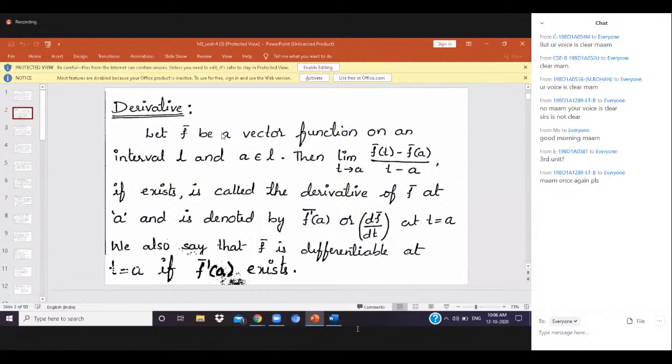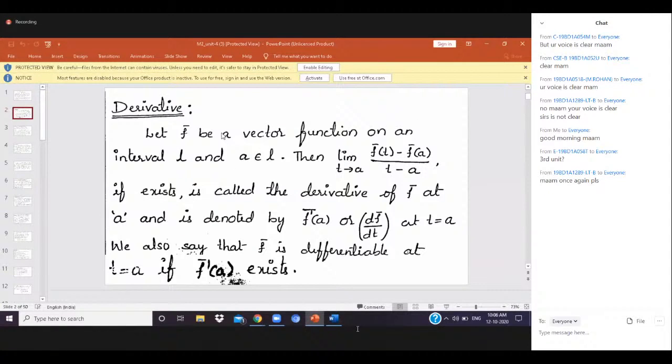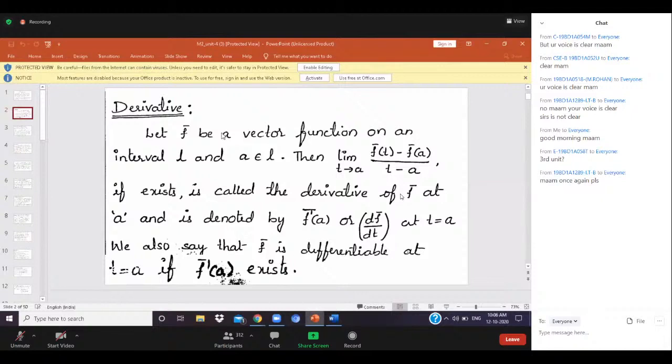Symbolically, as usual, the differentiation formula is the limit as t tends to A of f bar of t minus f bar of A by t minus A. This is represented as f bar dash of A, or d f bar by dt at the point t equals A. We say that it is differentiable at t equals A if f bar dash of A exists.